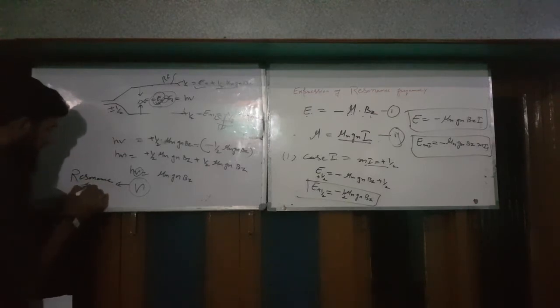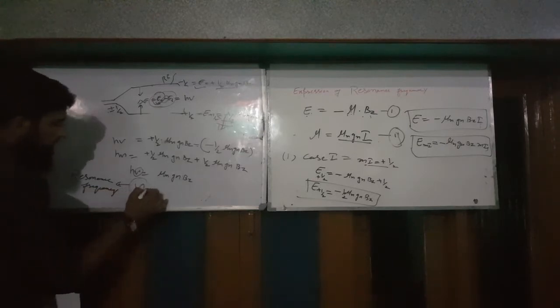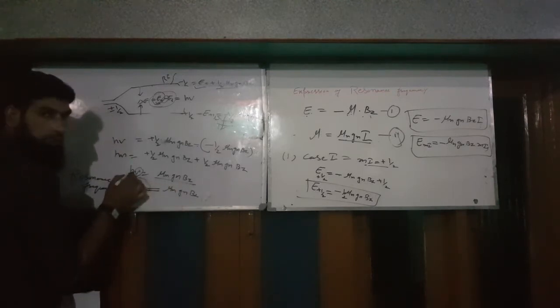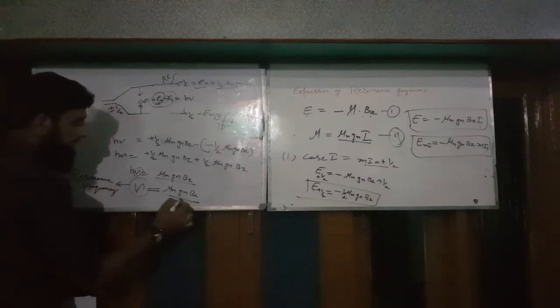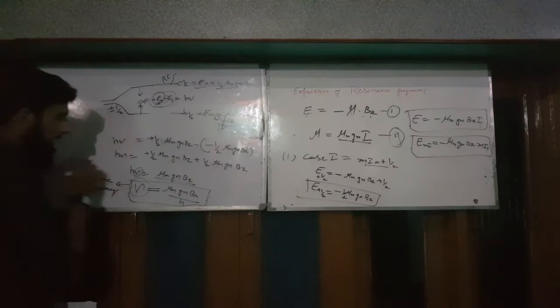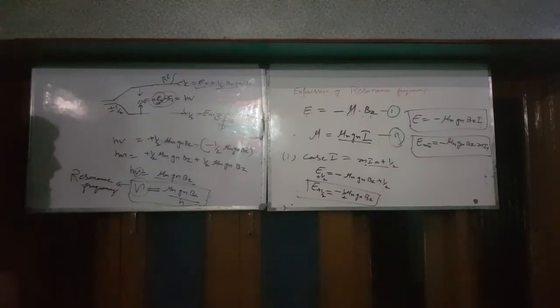This resonance frequency is equal to mu n gn Bz, and h we take to the other side, divided by h. This is the expression for the resonance frequency.